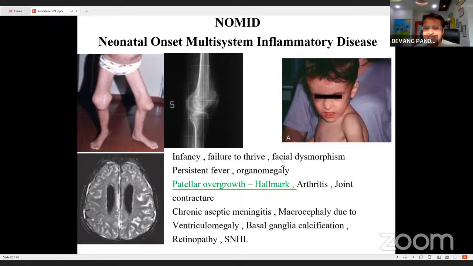It presents in infancy with failure to thrive, facial dysmorphism, persistent fever, organomegaly, and cytopenias. Typical CNS involvement is due to chronic aseptic meningitis, macrocephaly because of ventriculomegaly, and basal ganglia calcification, which is an important marker of autoinflammatory disease. There is also retinopathy and again sensorineural hearing loss. This is the severest form and a spot diagnosis; if you have seen it, you'll never forget that this is NOMID.